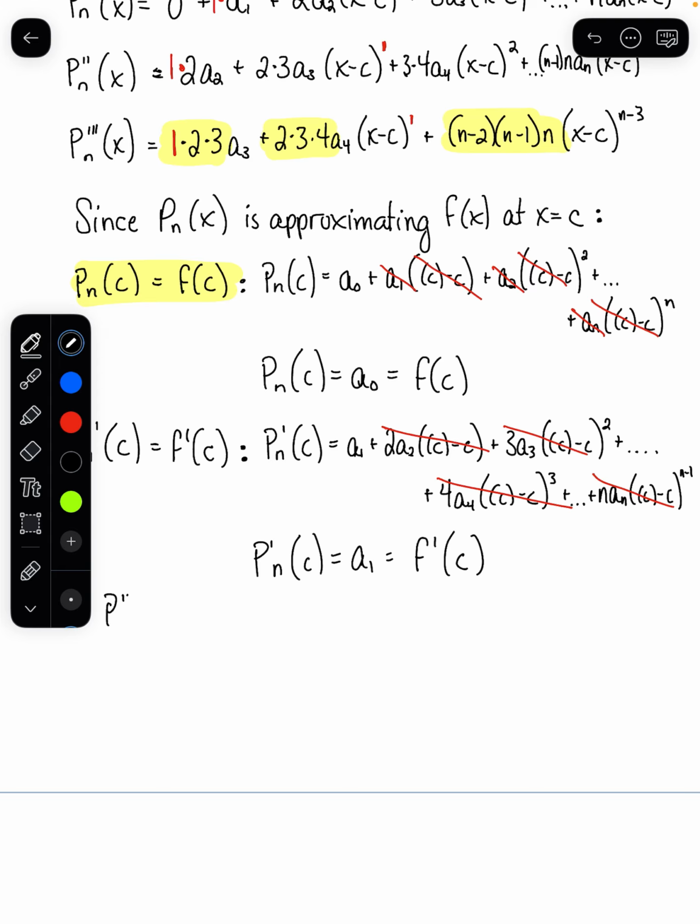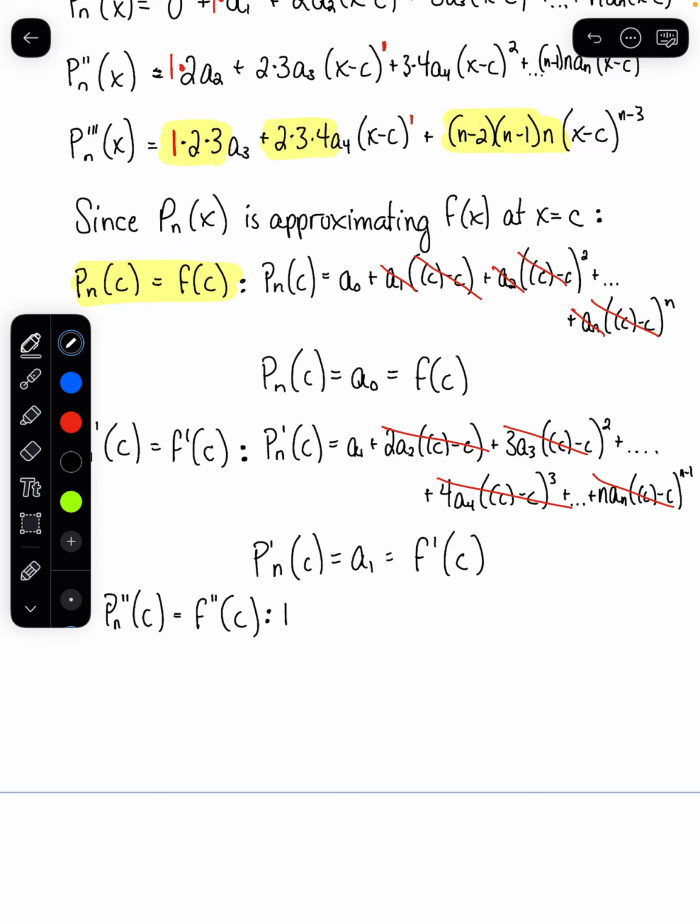and talk about p sub n double prime of c, which again is supposed to match f double prime of c. We are supposed to be matching the characteristics of the original function at the target value.